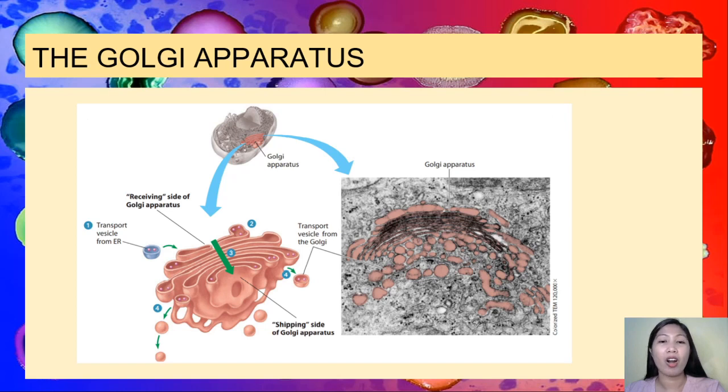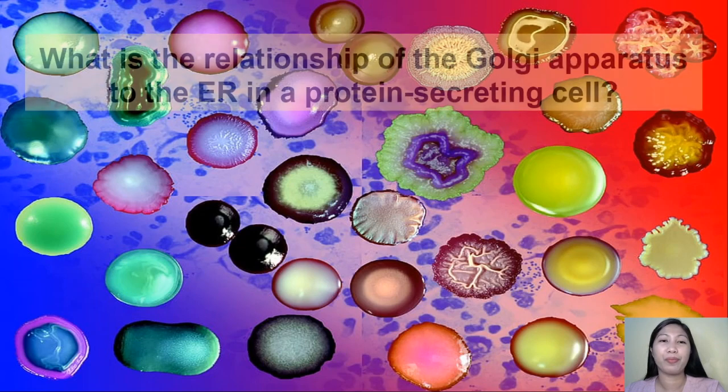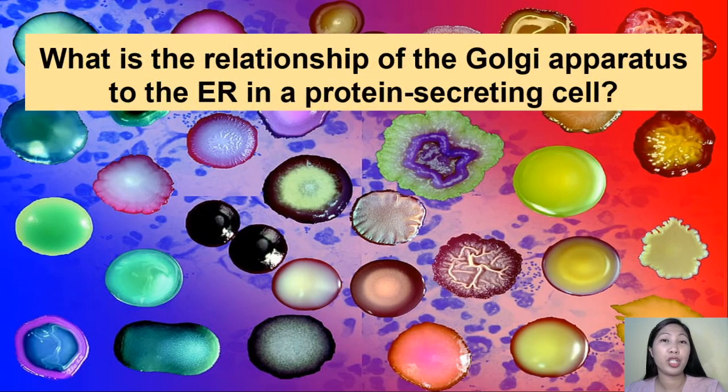Products of the ER are modified during their transit through the Golgi. The other side of the Golgi, the shipping side, gives rise to vesicles which bud off and travel to other sites. Now let's answer this question. What is the relationship of the Golgi apparatus to the ER in a protein-secreting cell?